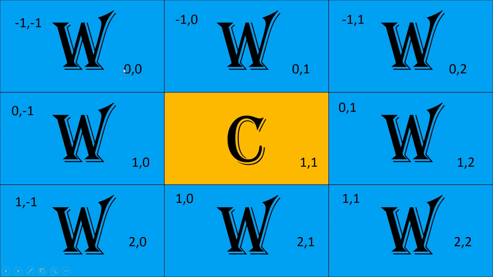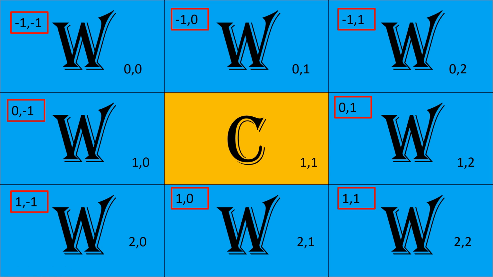So the nearby field is also calculated by this -1,-1. Like this, all the nearby fields can be represented by these numbers, and these numbers apply to any crop field in any row or column. Keeping this point in mind, let's move to our program.